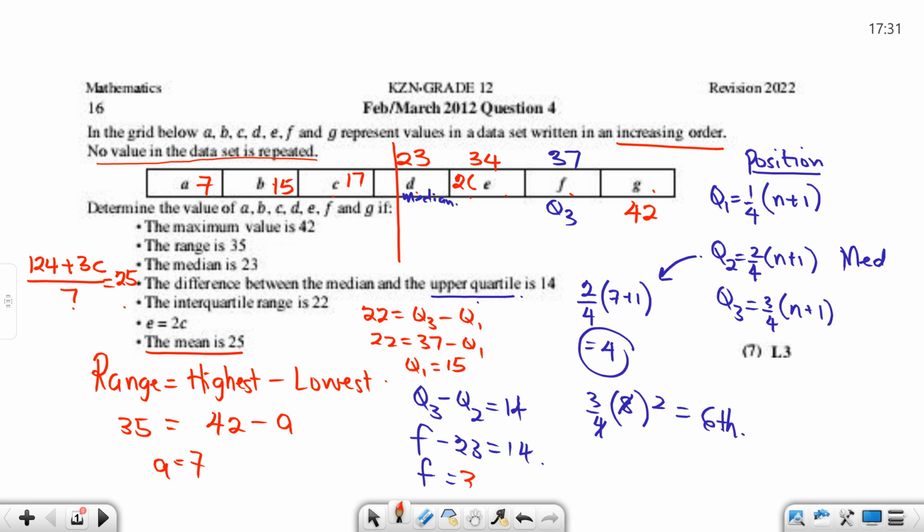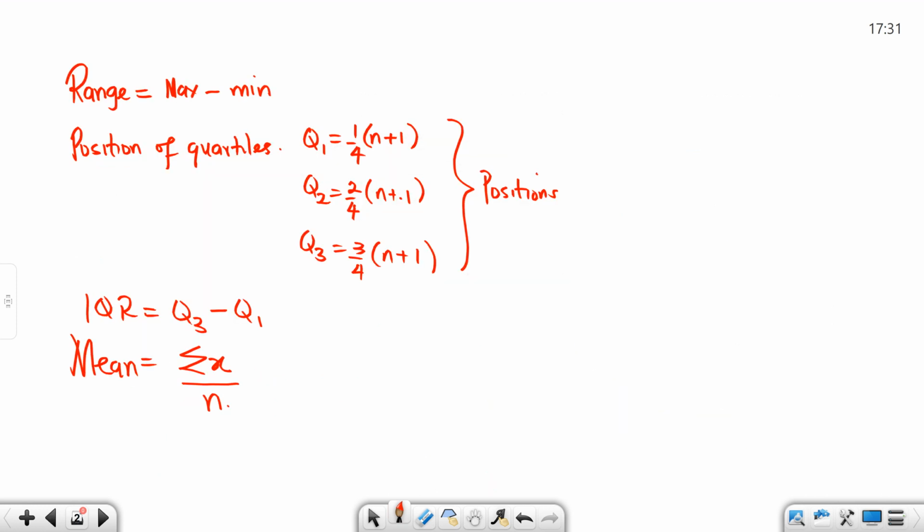It said Q3 minus Q2 equals 14. The difference between the median and the upper quartile is 14. So my Q2 is also called the median. Q2 is also referred to as the median.